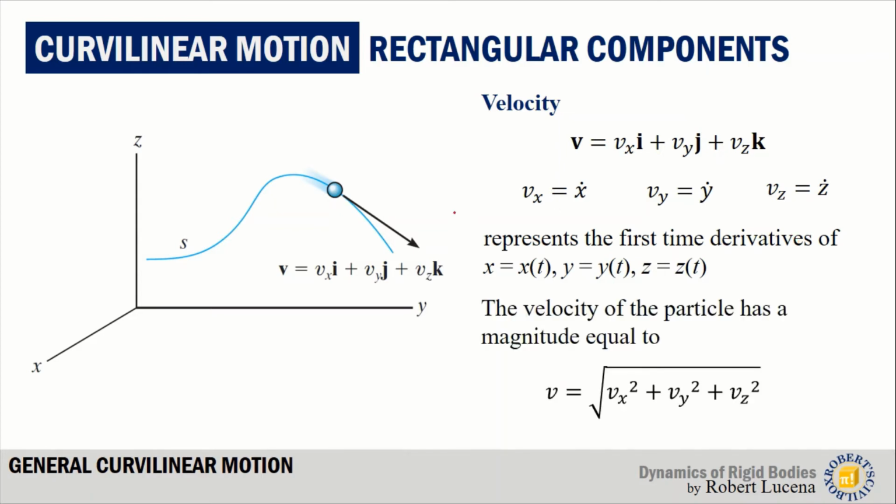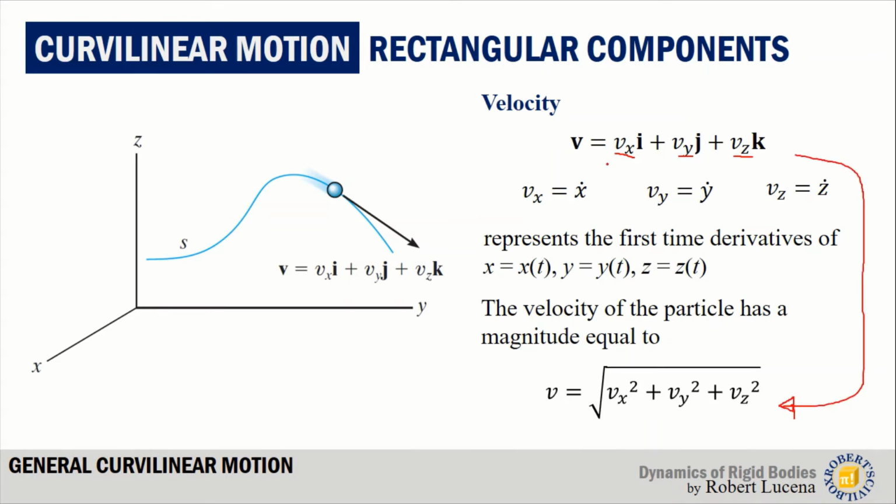So to get the velocity of an object, the first thing we do is to get the derivative, the velocity along x, velocity along y, and velocity along z. But if we want to get the resultant velocity of the object, we still need to use the Pythagorean theorem.